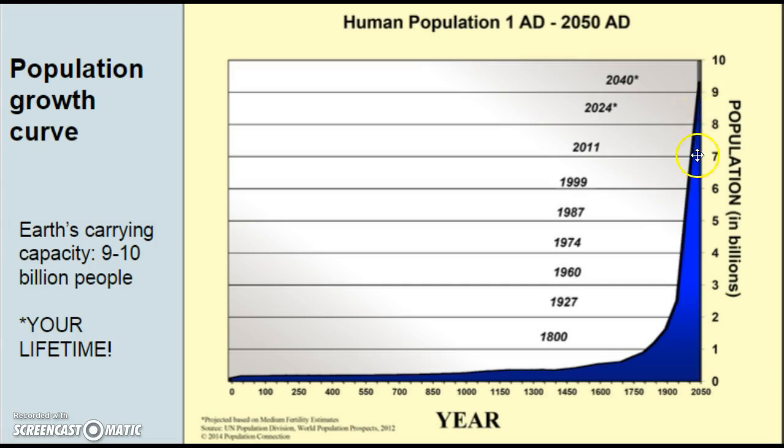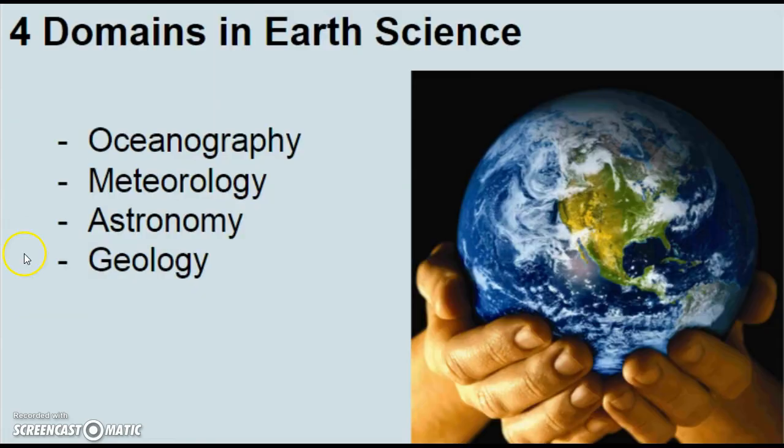So our population dynamics, today we're above 7 billion. And when we start reaching up here in the 9 and 10 billion people threshold, you know, that's in your lifetime. The Earth has a carrying capacity of 9 to 10 billion people. And this will take place in your lifetime. So we can't ignore that the Earth that provides everything for us, that humans are in the mix and things are changing.